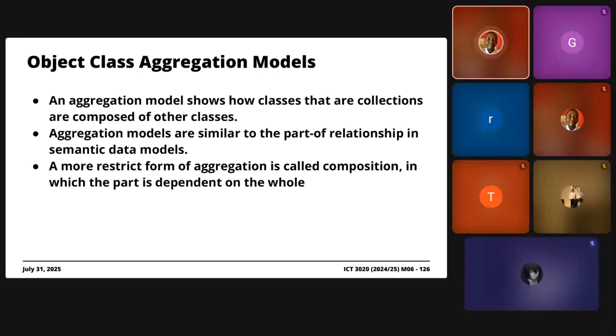If you get rid of the team, the players will still be there, right? So aggregation, in simpler terms, enables you to model a has-a relationship, and a house has rooms, is it, or something like that?